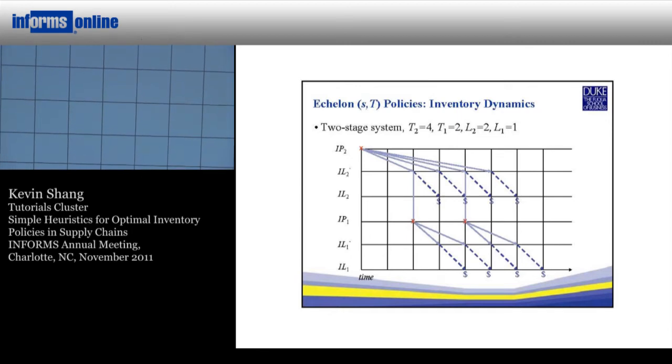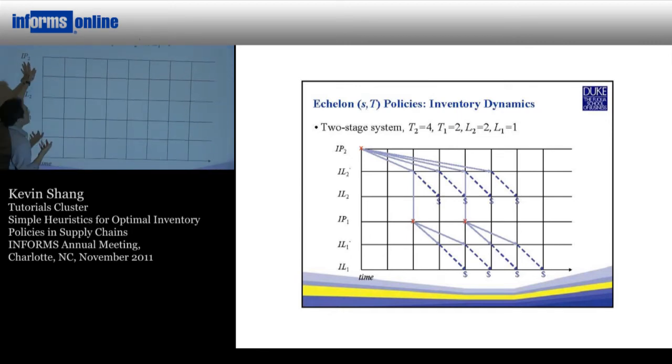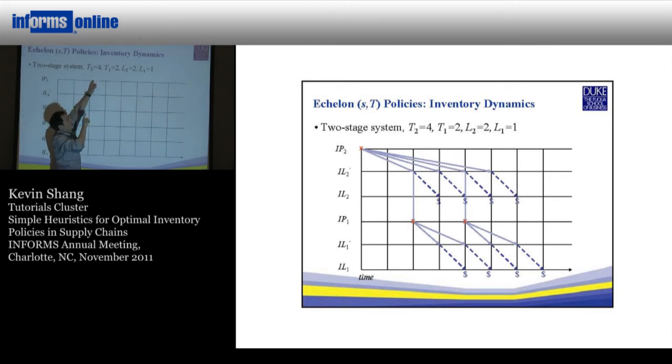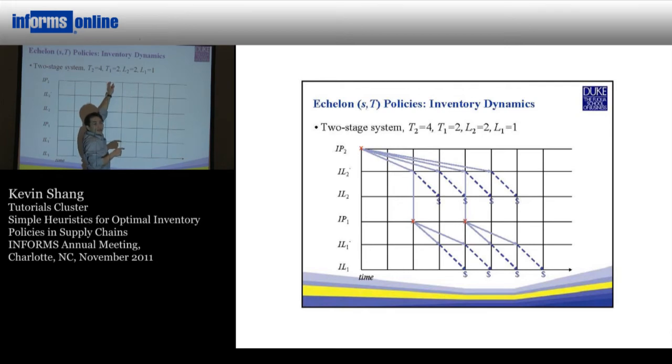So if we consider a two-stage system, this is a very simple case in the sense that, okay, stage 2 upstream has a reorder interval 4 weeks, and stage 1, the reorder interval is say 2 weeks, okay? And both of them have the lead time. Stage 2 has the lead time 2, and stage 1 has the lead time 1. Suppose we run this system. So what exactly does this policy look like?